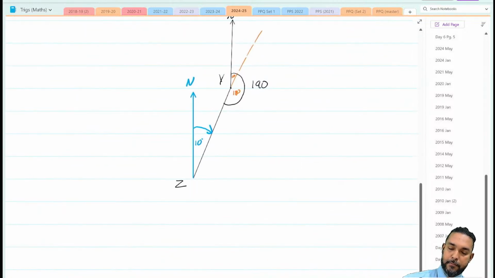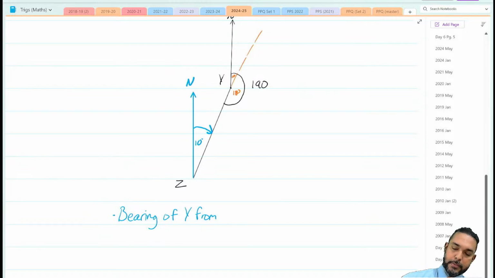Therefore, the bearing of Y from Z is 10 degrees.